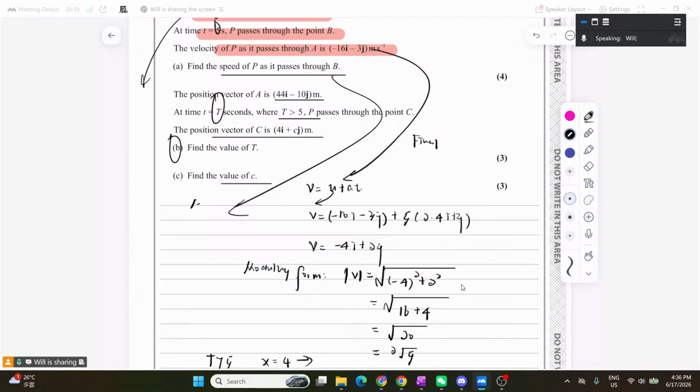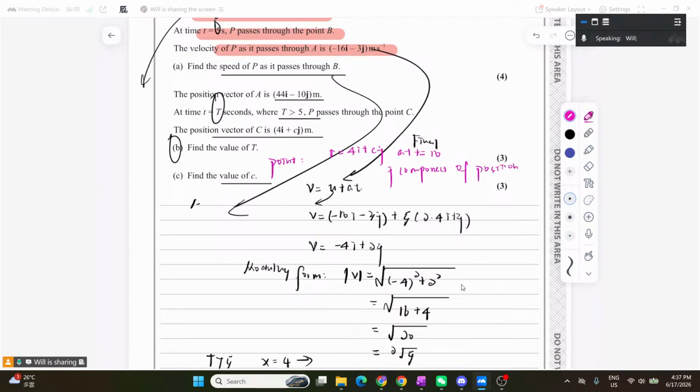You already know the point C. The position vector is r equals 4i plus Cj at t equals 10. And for the j component, can we use the j component of the position?